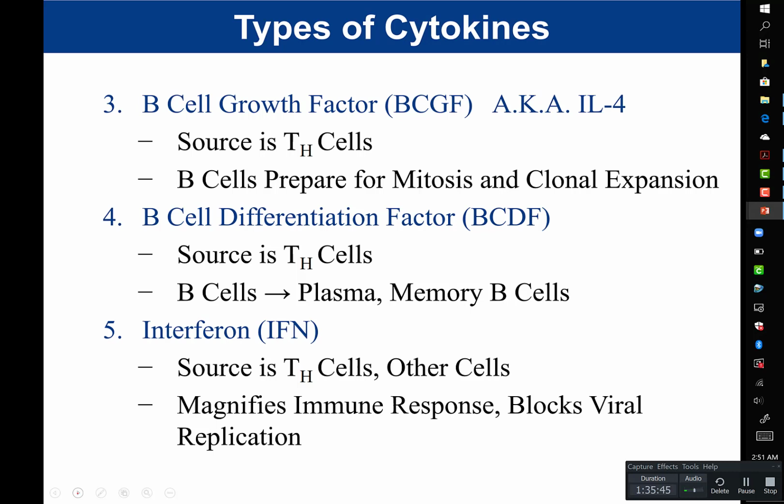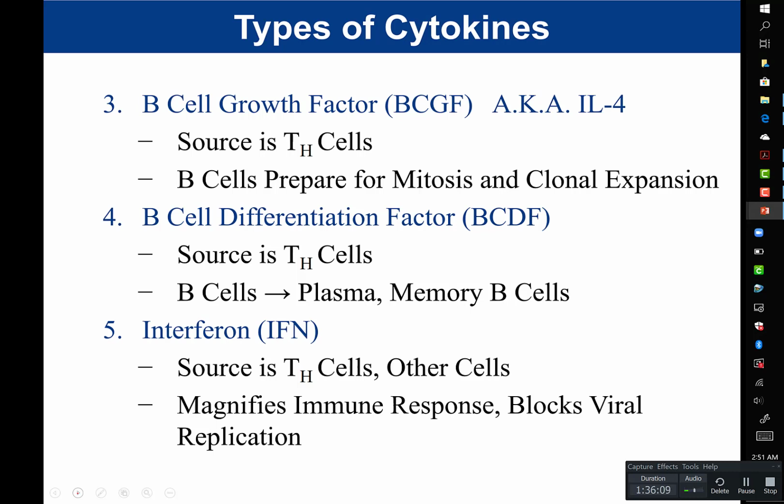Interferon is produced by T helper cells and other cells. You might recall hearing about interferons when I talked about innate immunity. That's because virally infected cells are going to produce interferon, and that interferon is going to be released, and adjacent cells are going to take up that interferon.